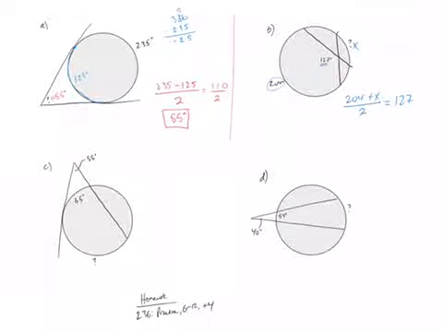Trying to solve for x, I'm going to multiply both sides by 2 to get rid of that fraction. I get 204 plus x is equal to 254. Subtract 204, and I get x is equal to 50 degrees. So the measure of this arc length here is 50 degrees.